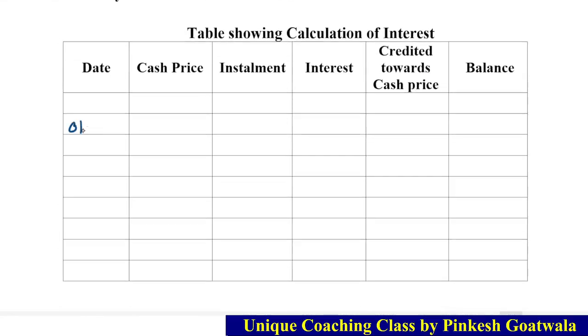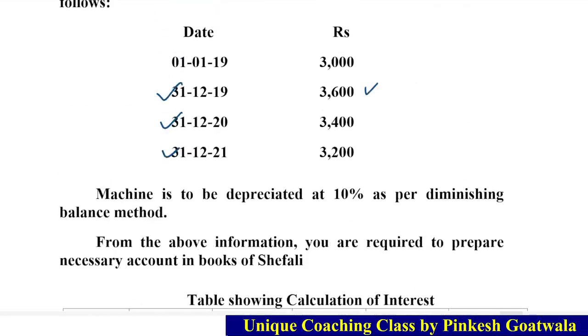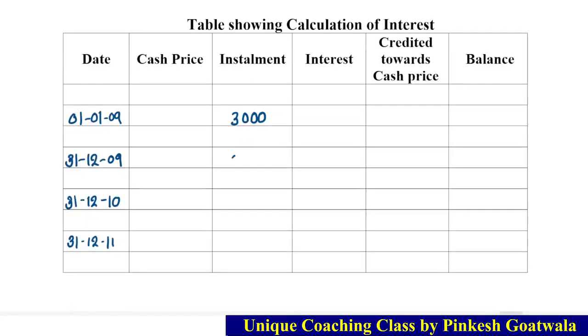Purchase on 1/1/2009, first installment 31st December 2009, 31st December 2010 and 31st December 2011. Here down payment is given 3000 and 3 installments 3600, 3400, 3200. Only this information is available.